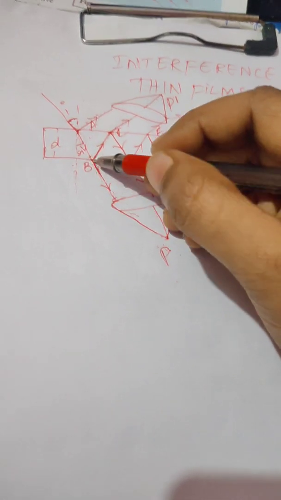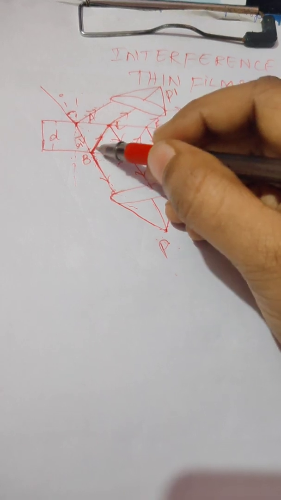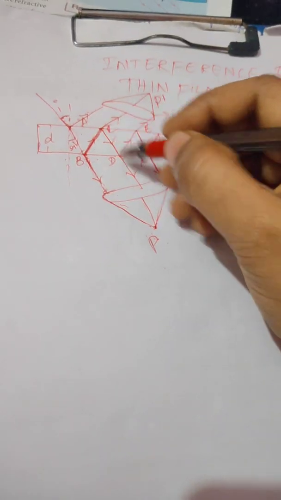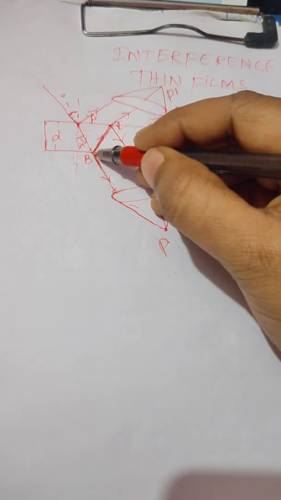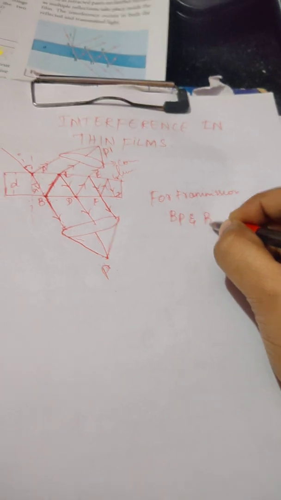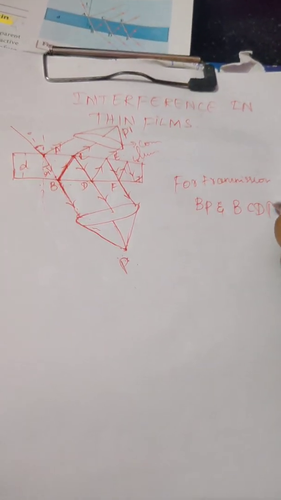This is refraction for the incidence and this is reflection for the incidence. So I need to take B, C, D, P, and I'll write here B, C, D, P.